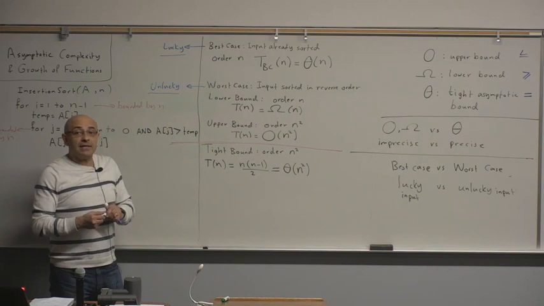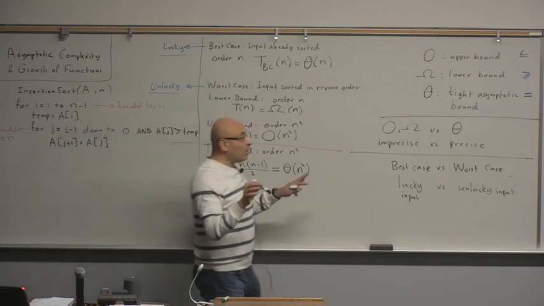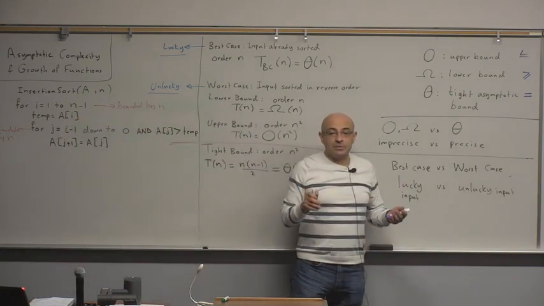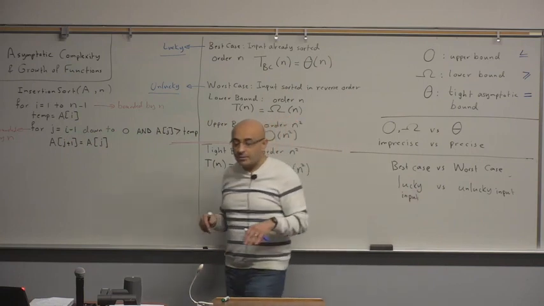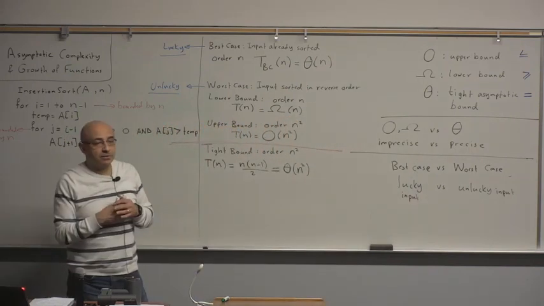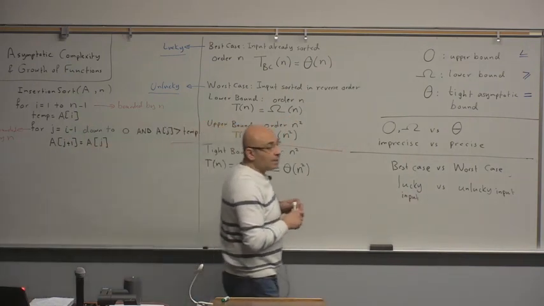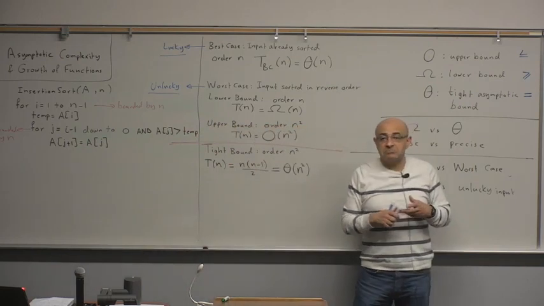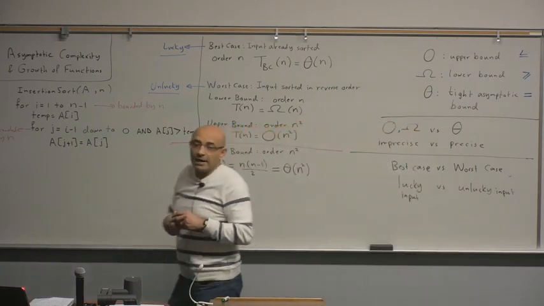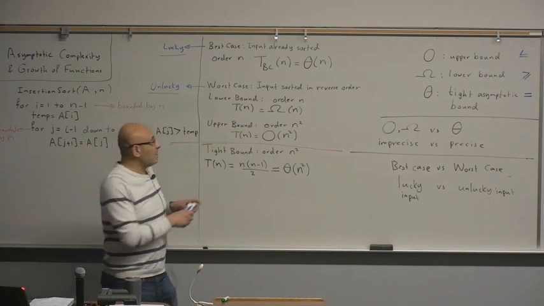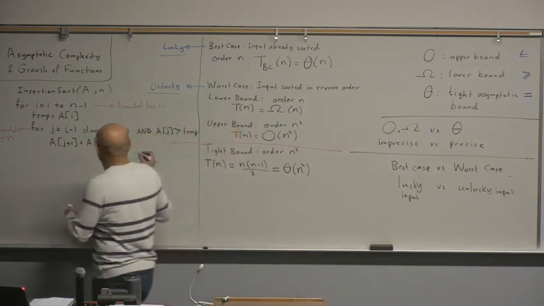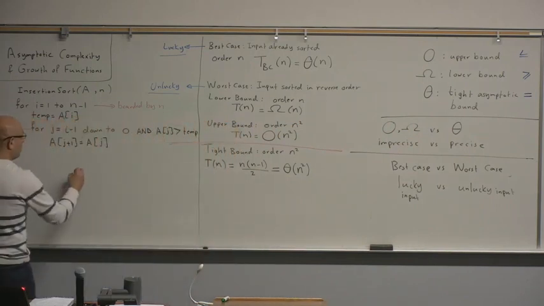In all cases, we only care about large inputs. In algorithm analysis, we only care about large inputs. We never care about small inputs, because for small inputs, all algorithms are fast. Remember, exponential is bad and slow.